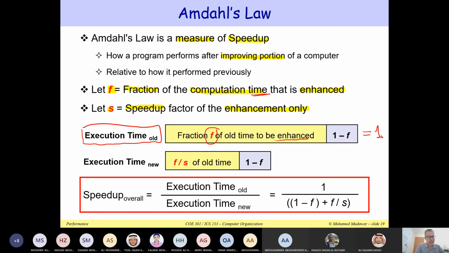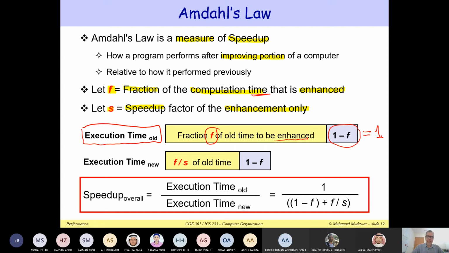Suppose that 80% of the old execution time, so f will be 0.8, is spent doing multiplication. And the remaining 1 minus f, the remaining 20%, the program is doing something else not related to multiplication: maybe addition, loading, storing, branching.